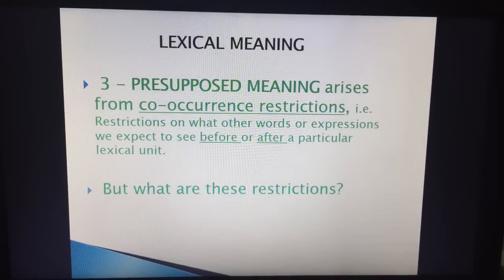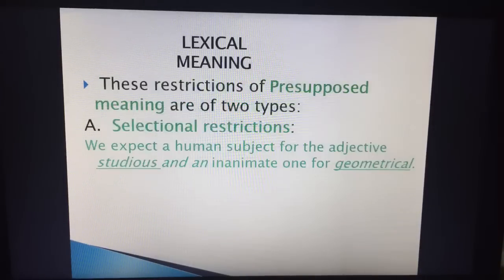The presupposed meaning is about being aware of the environment around the word. For example, the word studious as an adjective is used only for humans. You cannot say the window is studious. That would be strange, because the window does not study.